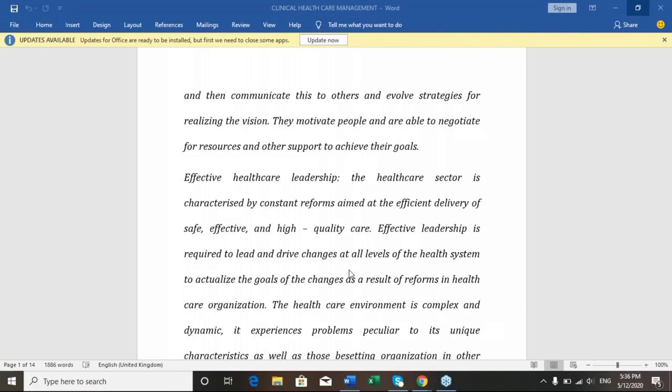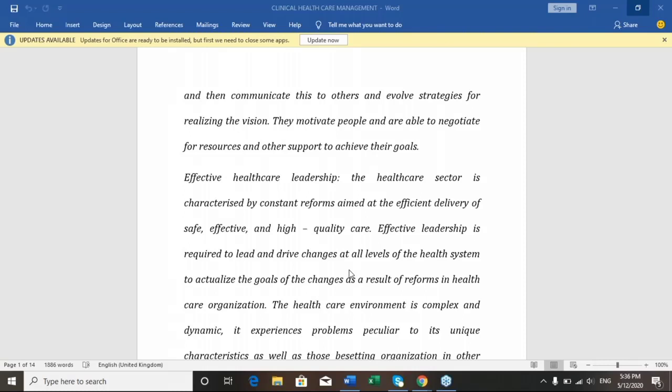Such problems include internal pressures arising from increased demands for transparency and accountability, increasing influence of various stakeholders such as political and social groups who have vested interest in this sector, and shortage of healthcare professionals due to the effect of aging workforce.